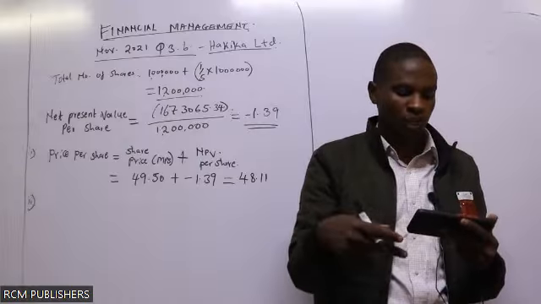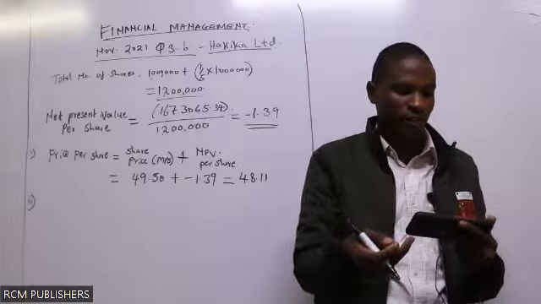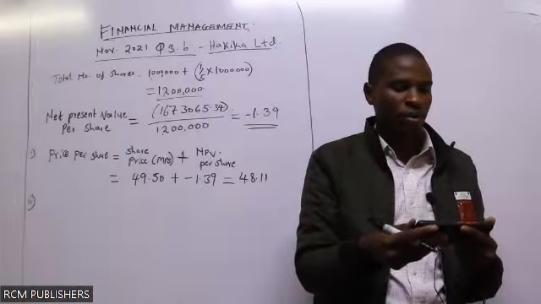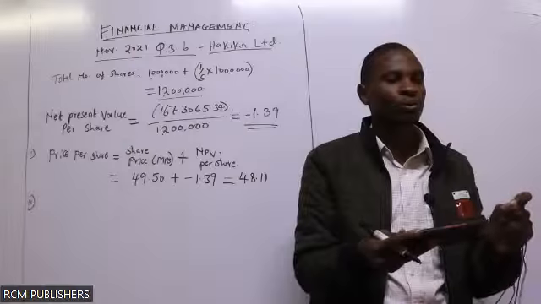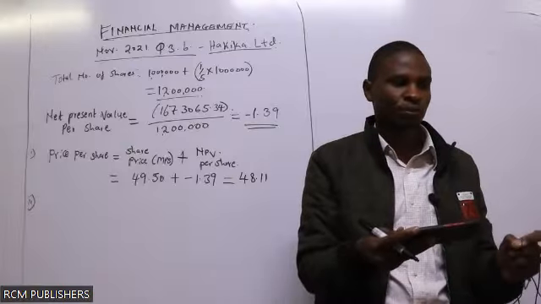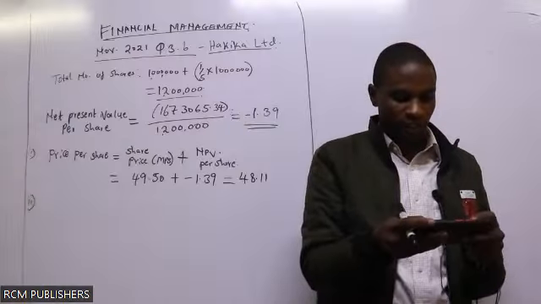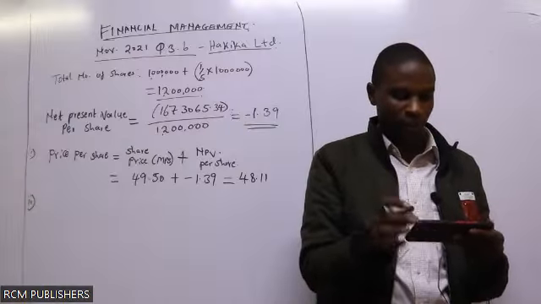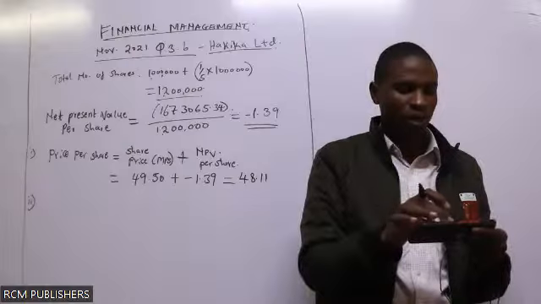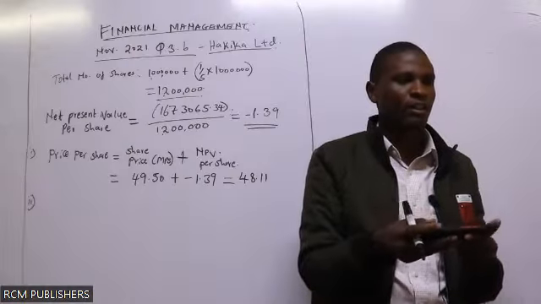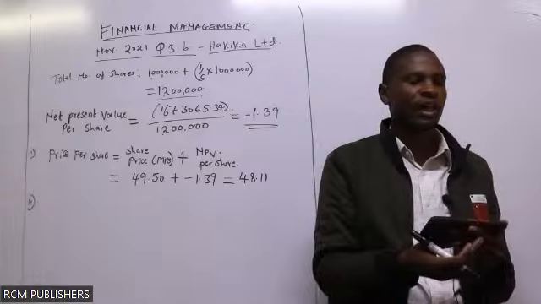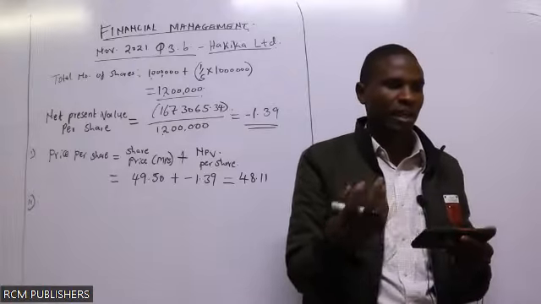So they want to raise the amount, and therefore they have to do the right issue. In this case, what we have to appreciate is that one new share will be going at 39 per share.